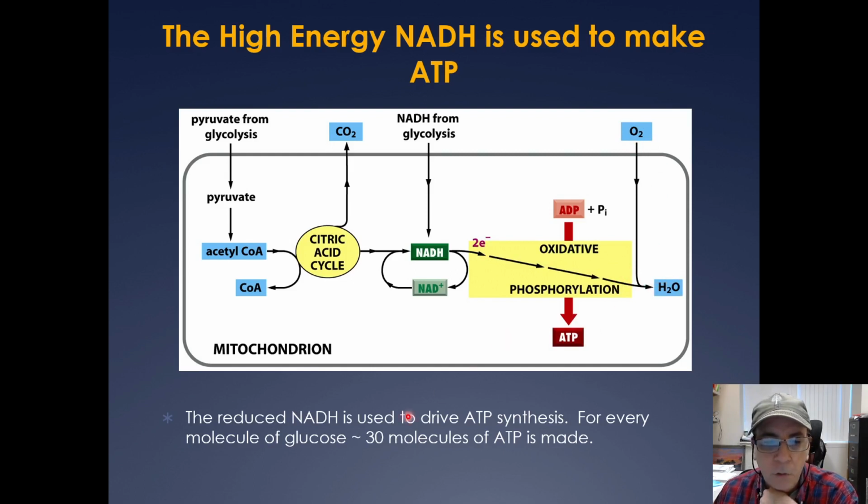Okay, so the reduced NADH produced by the citric acid cycle is used to drive ATP synthesis, and for every molecule of glucose, approximately 30 molecules of ATP are made.